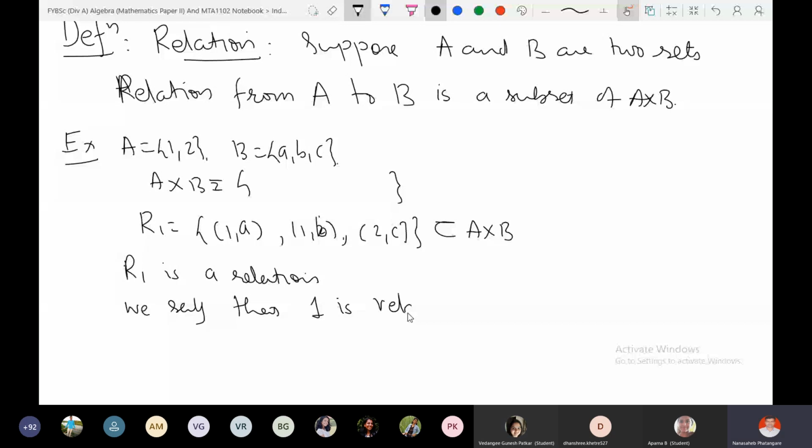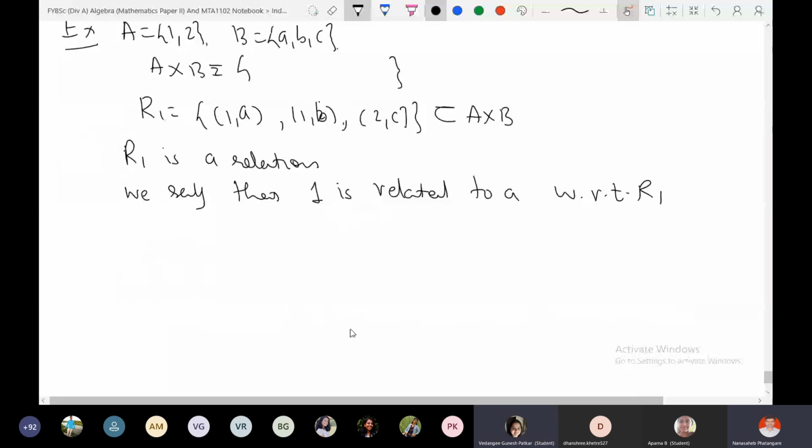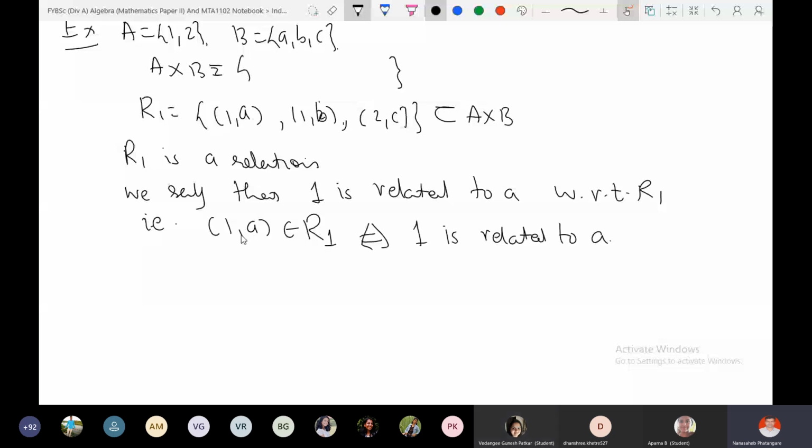What is the meaning of (1, a)? The pair (1, a) is in this relation R1 means it is equivalent to saying that 1 is related to a, with respect to this relation.